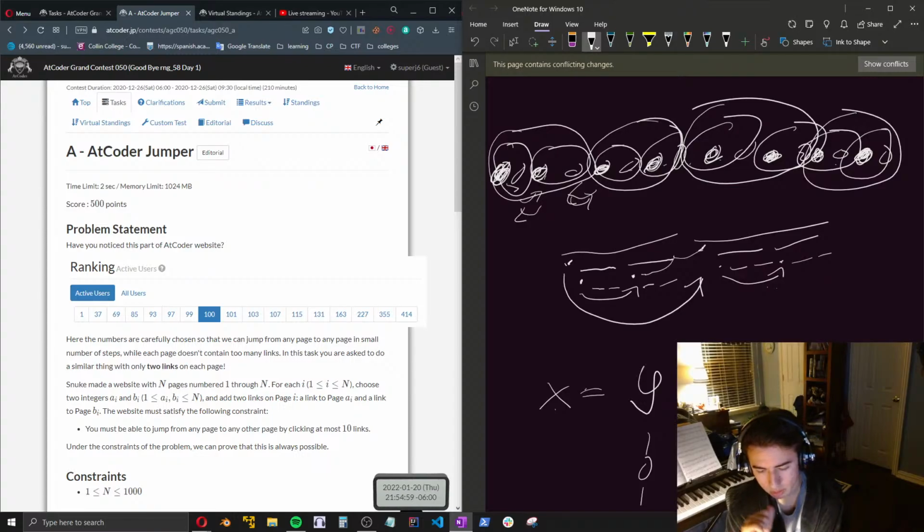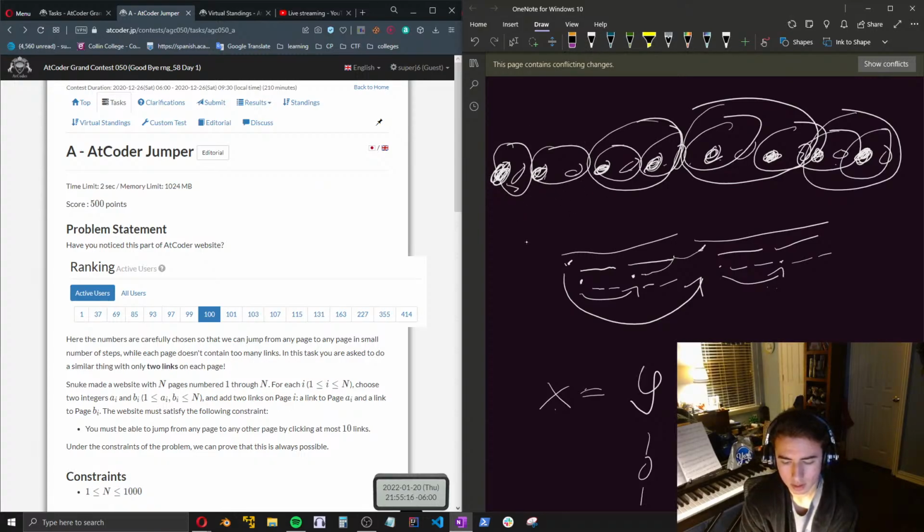Will this construction work? Get rid of this.